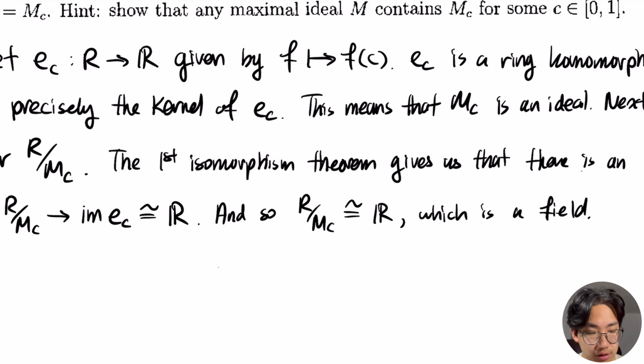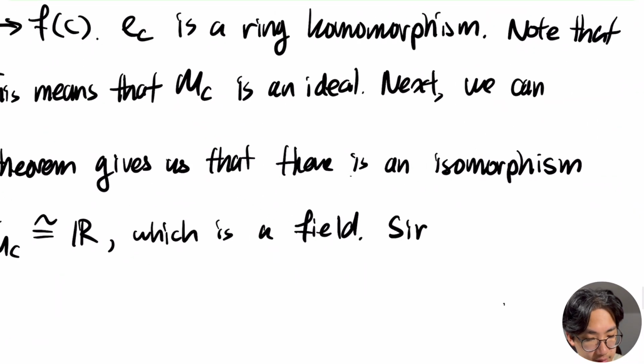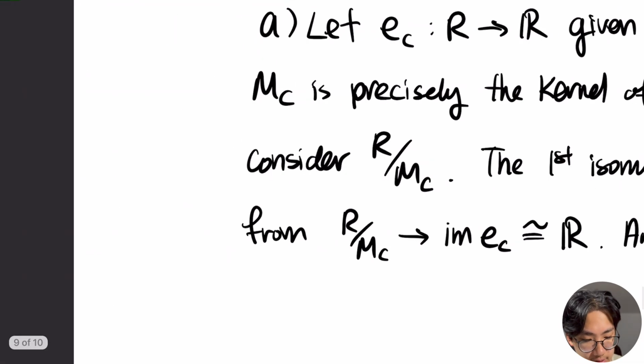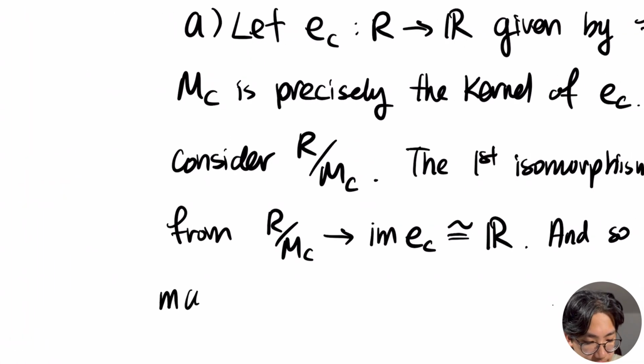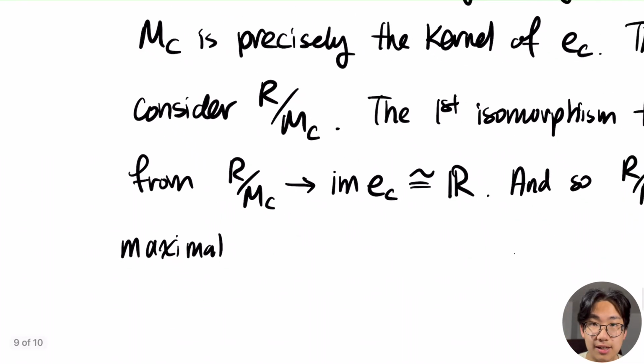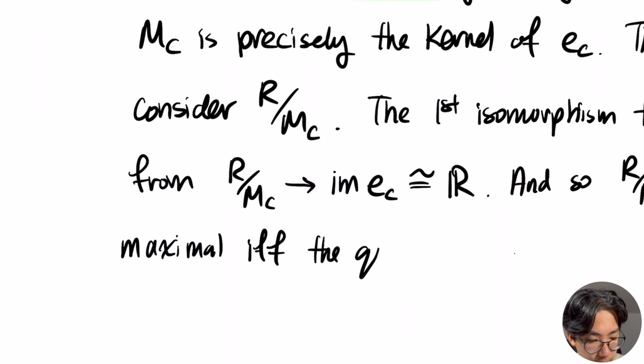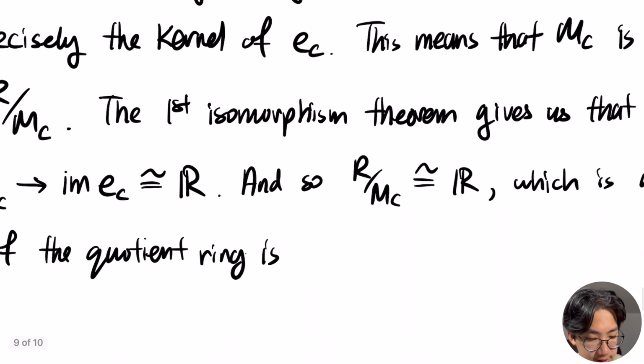And then again, as I mentioned earlier, since an ideal is maximal, meaning it has no intermediate ideals between the ring itself and the ideal, it's maximal if and only if the quotient ring is indeed a field, which we just showed it is.